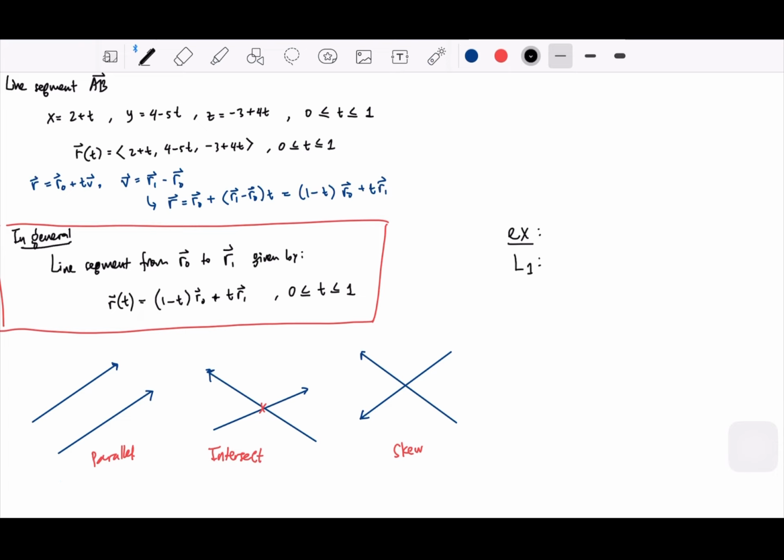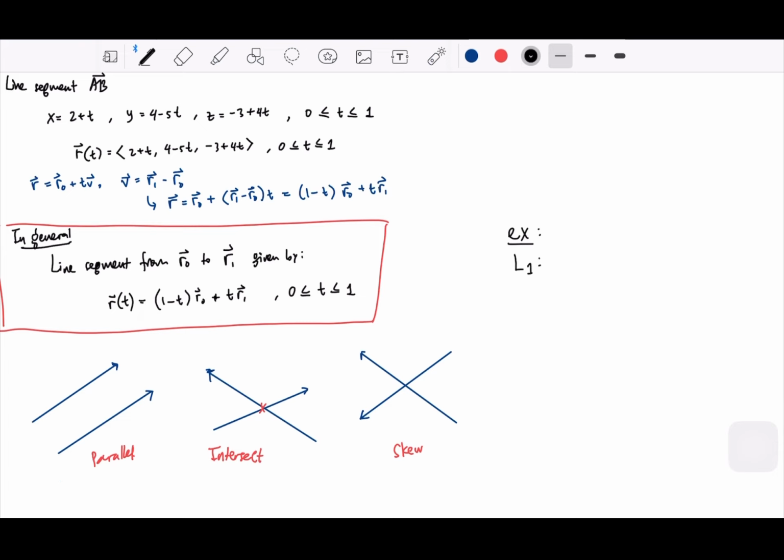If we solve the first two equations, let's multiply the first by 3. So 3 plus 3t equals 6s. Let's subtract.